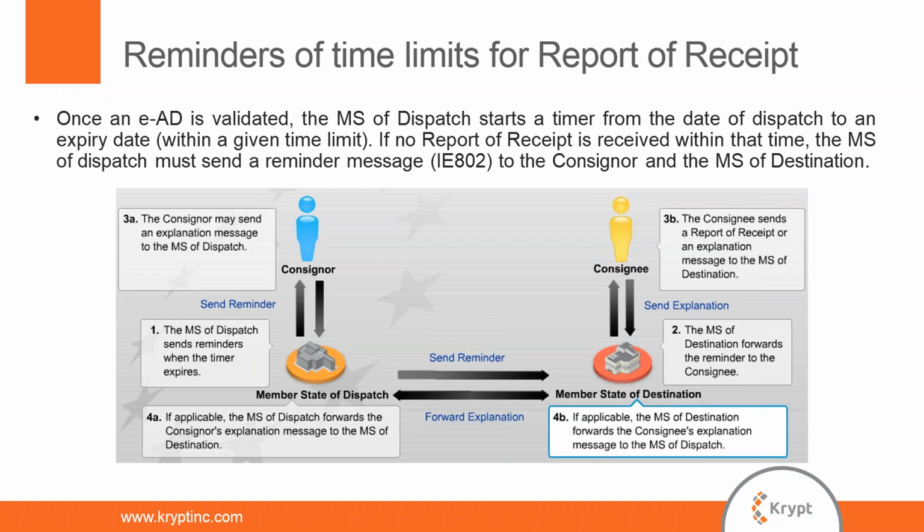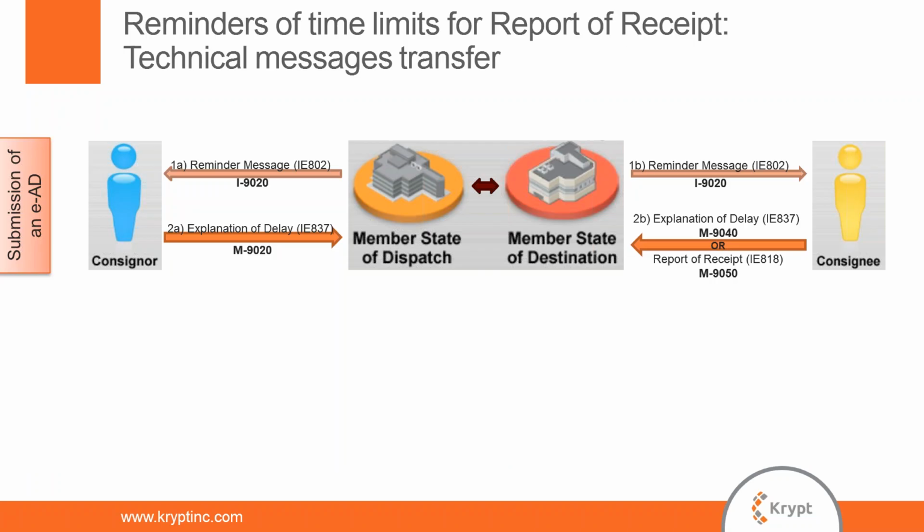And if it doesn't come, then it will trigger a reminder message to the member state of destination as well as to the consignor. And it again quickly shows what messages are getting exchanged between the consignor and the member state.